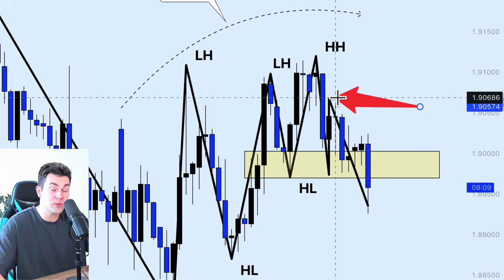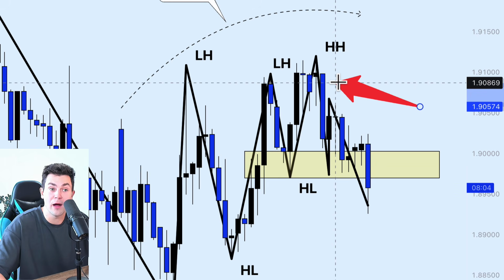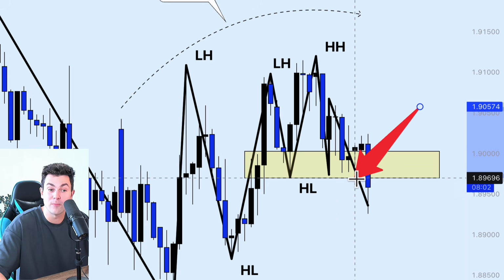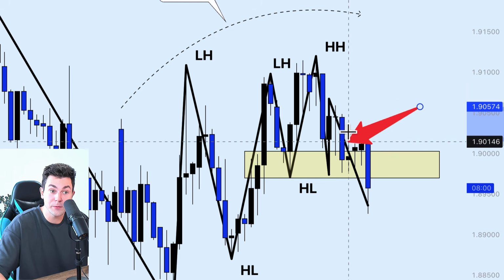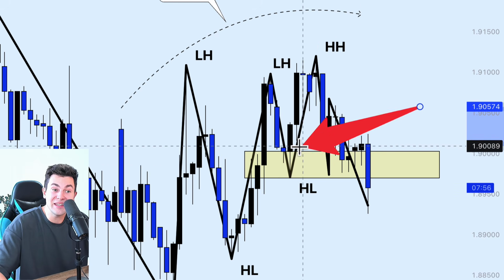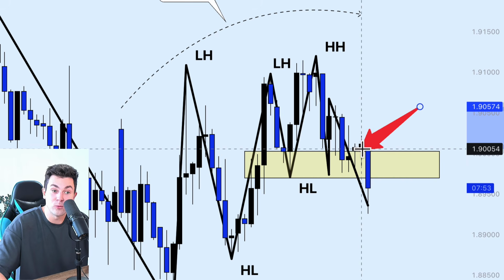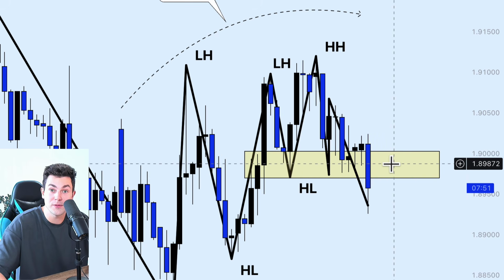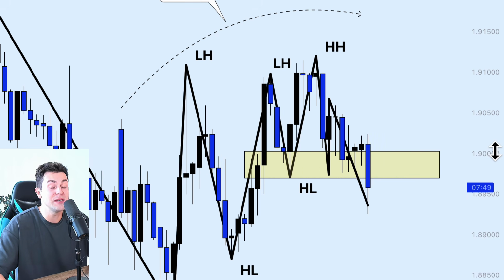It is a very important element of a formation of a mitigation block. The fact that before the breakout of the order block zone, a lower high was set is the indication that after a breakout, this order block zone will turn into a mitigation block.